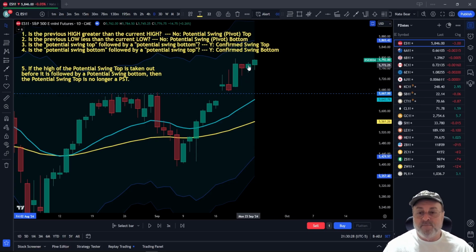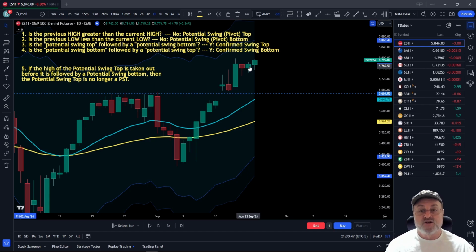This bar cannot possibly become a swing top because it's not a top anymore. I hope that makes sense. The new price bar is higher. It is now the potential swing top. This one is no longer the potential swing top.